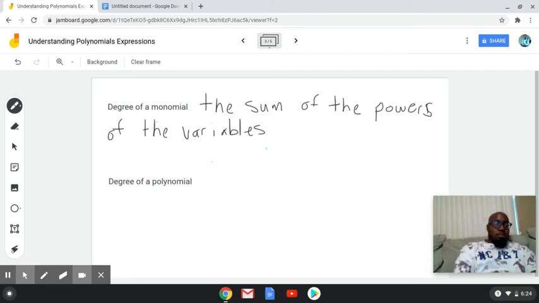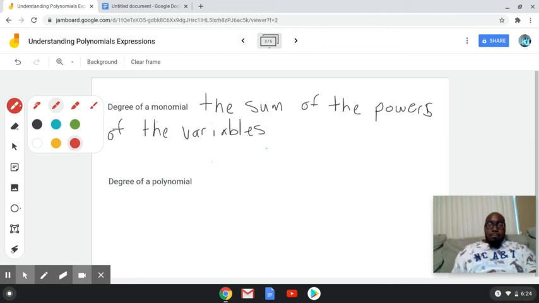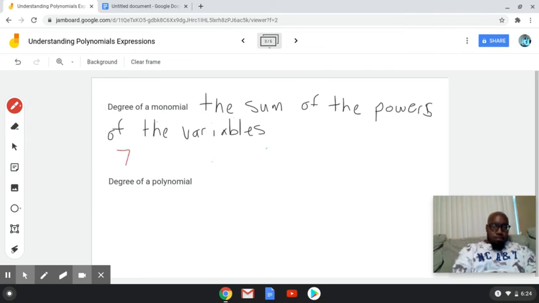Let me write one more to see if you can get it from here. Let's say we had 7x squared y z to the fifth. What would be the degree of this monomial?